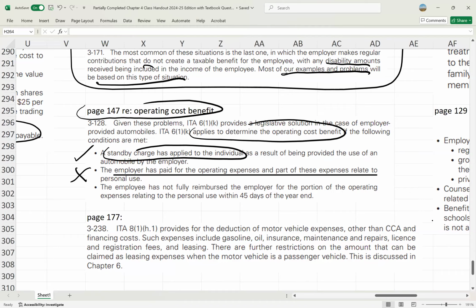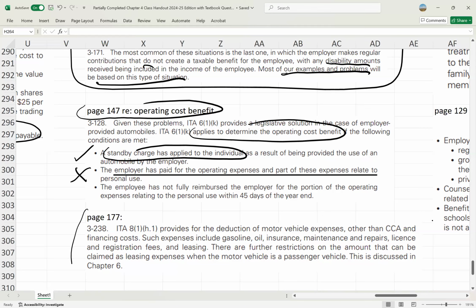Now, if you think about it, Tanya is using the car mostly for work, and she is paying for all the operating costs herself. So of that 7,240, some of that should be deductible when calculating her employment income because she's paying for all the operating costs herself.